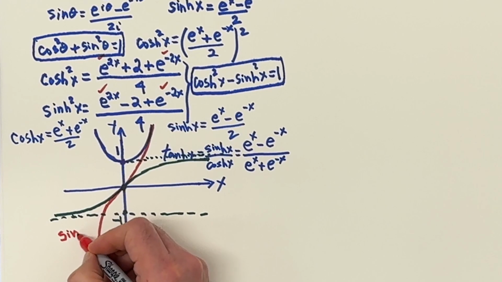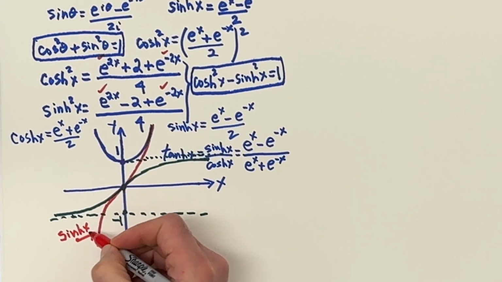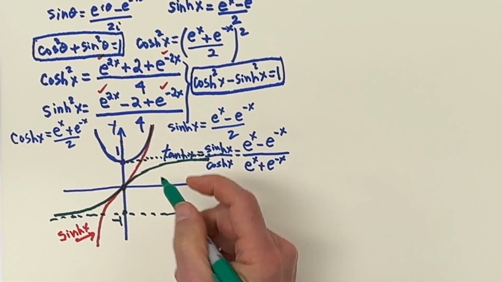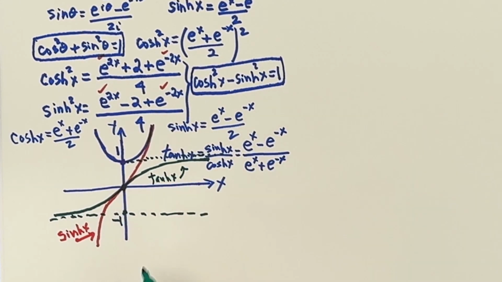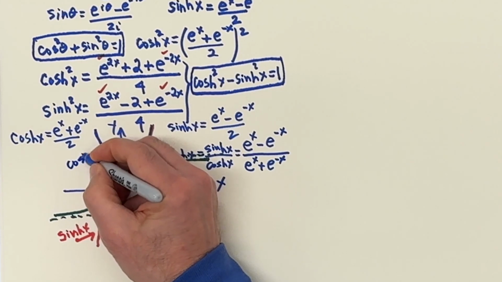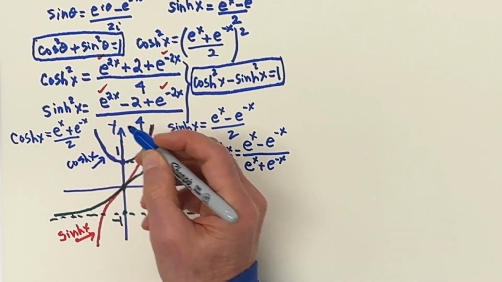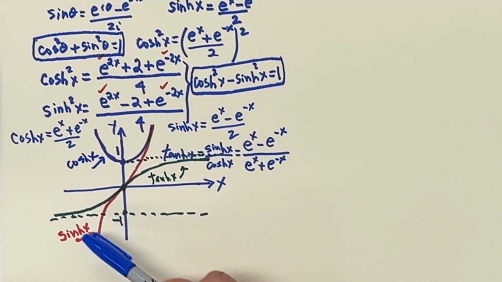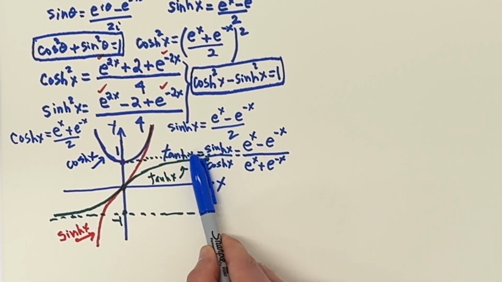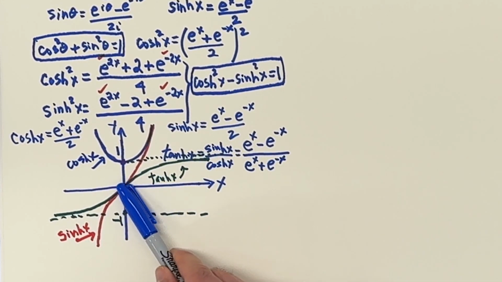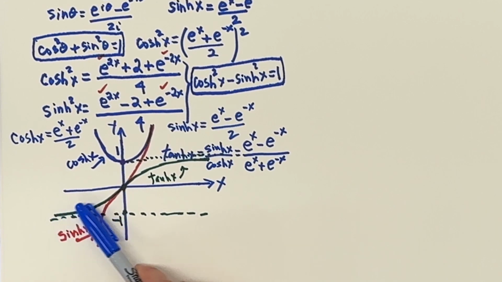So the sinh of x is this red one here, and the hyperbolic tangent is this green one, and the cosh is this blue one. So we're basically going off to 1 as we go to infinity, and down here we're going to -1. Very, very nice to see these plots.